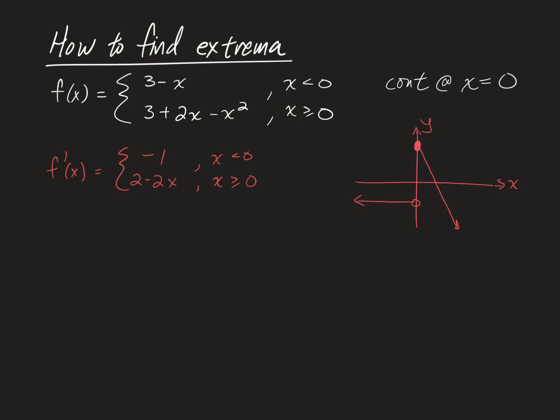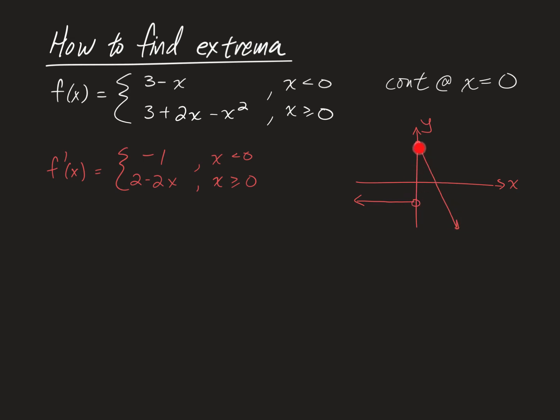If we take a look at the graph of this derivative, the top portion is -1, which is just a horizontal line as long as x is less than 0, so the open circle here to the left. And then when x is greater than or equal to 0, this is a linear function that starts at +2 on the y-axis, the y-intercept, and then a slope of -2.